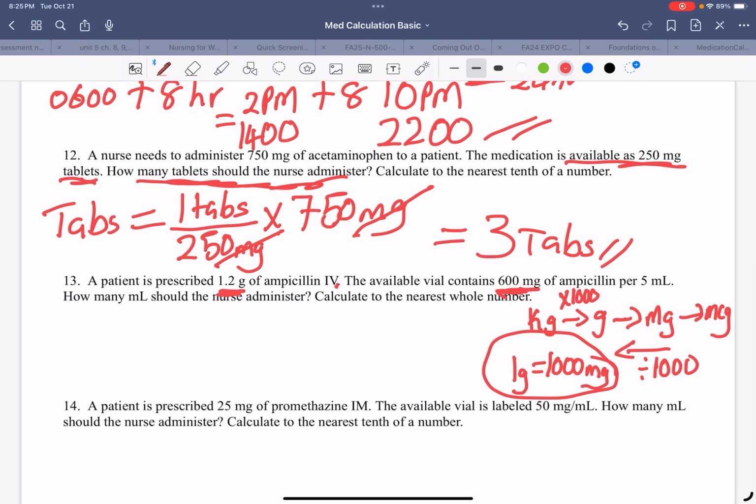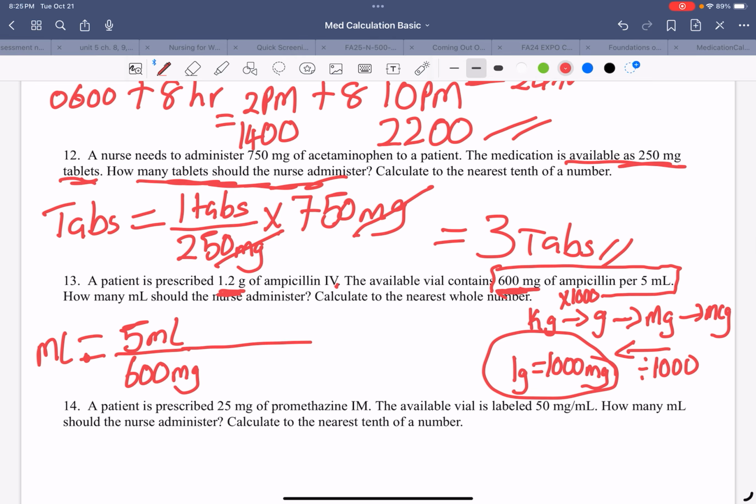All right, so now we're going to do the dimensional analysis. Again, what are we looking for? We're looking for milliliter equals. You can see this is how the medication is available. So that means for every 5 milliliter is 600 milligram, correct? What are we given? 1.2 gram, right? And we need to convert this gram to milligram. So for every 1 gram, we have 1,000 milligram.